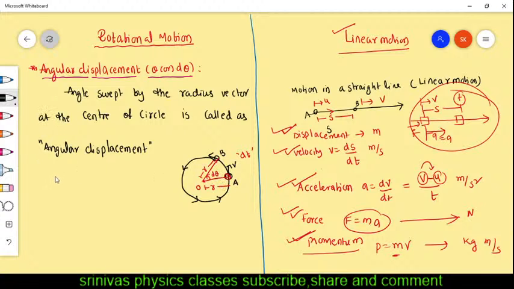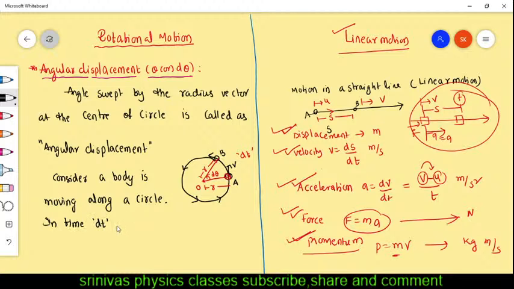For example, consider a body moving along a circle of radius, in time dt, a small amount of time.